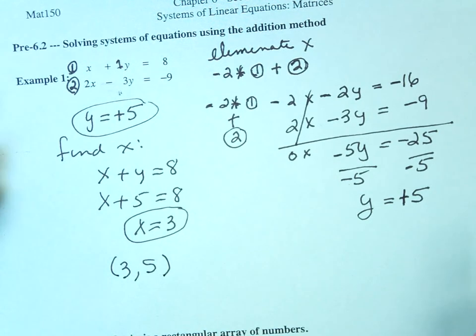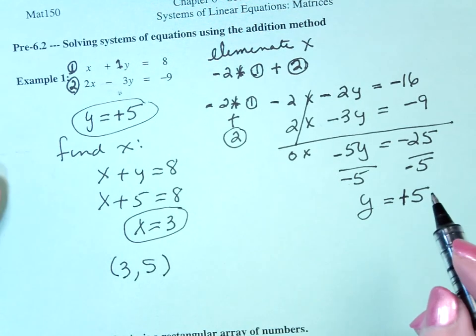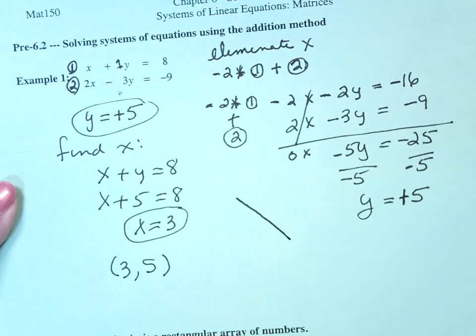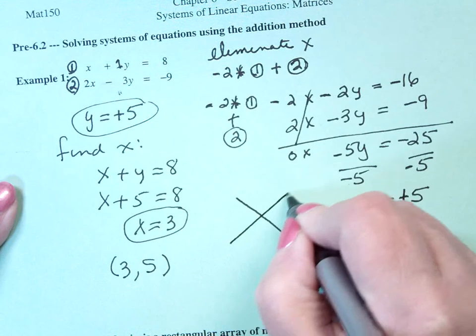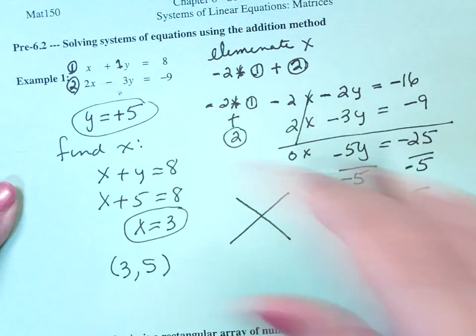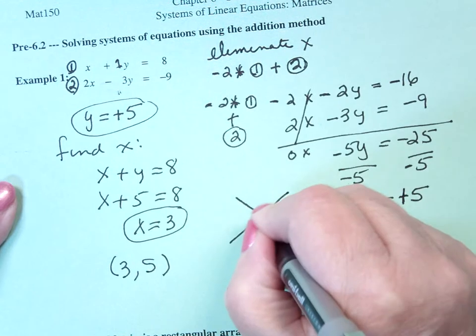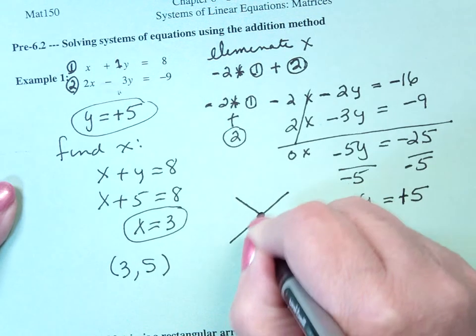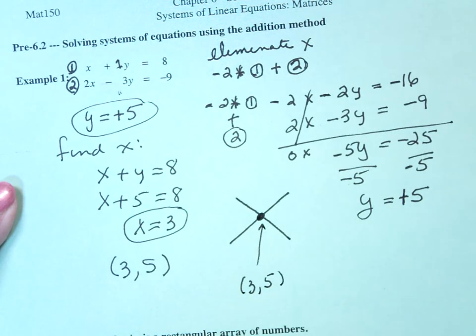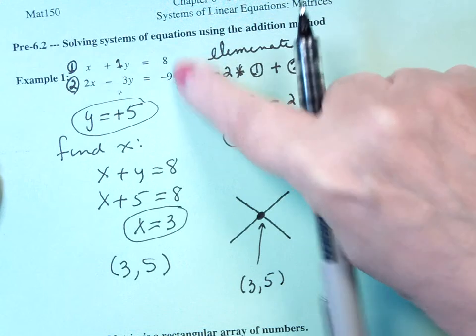Now, if you remember what this is, and you may not, I have two equations, and that is kind of what they would look like. The point of intersection of those two equations would be (3, 5). It is the shared common coordinate point between these two lines, and these two are lines.